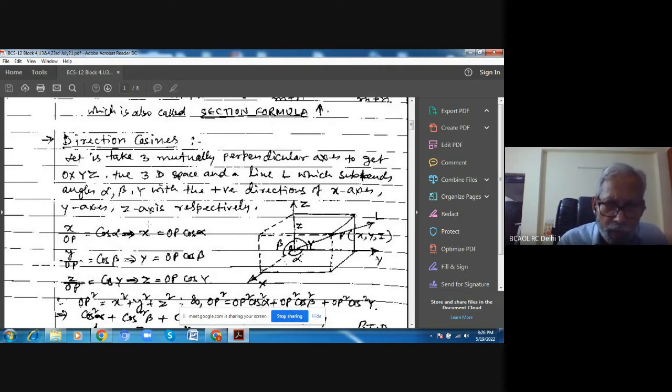In the case of direction cosines, you have to be careful: suppose you are finding x in terms of direction cosines, then the length OP up to the point, into cos alpha. Similarly y by OP is cos beta, because y follows the beta angle, so y is equal to OP cos beta.